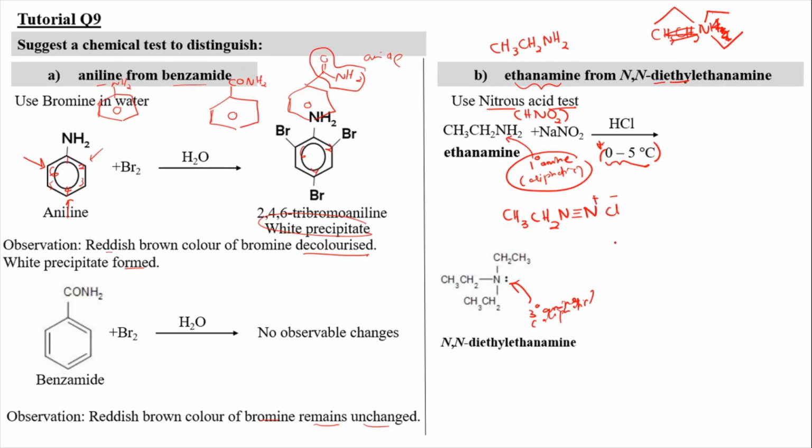Okay, and you know that it is a very unstable complex here, and therefore the nitrogen is going to come out in order to produce nitrogen gas, and as a result they can form alkene, haloalkane, and also alcohol. So they can form an alkene, an alcohol, which is CH3CH2OH, because they can take up from the nitrous acid, and then haloalkane, which is CH3CH2Cl, as well as the nitrogen gas.